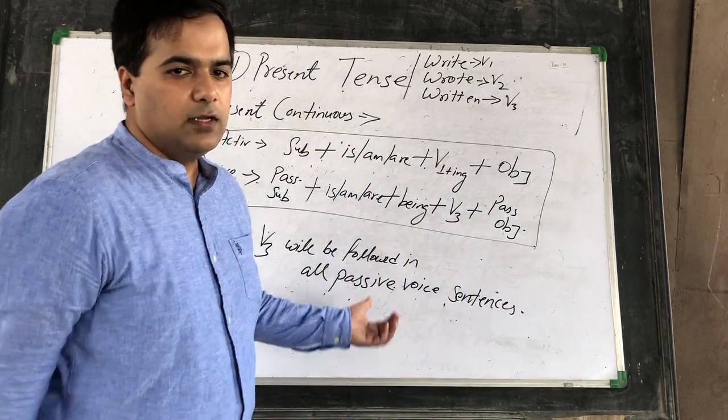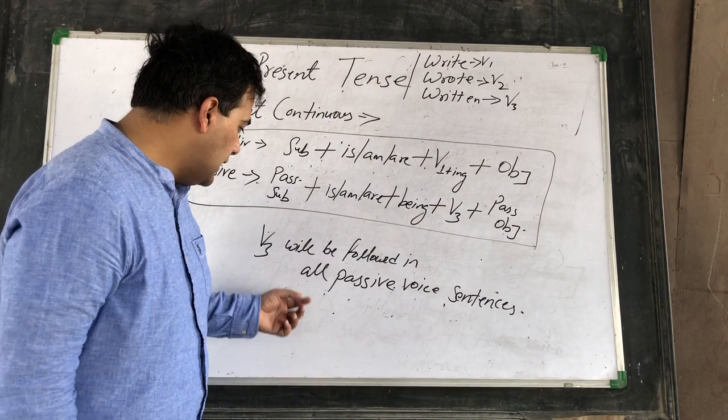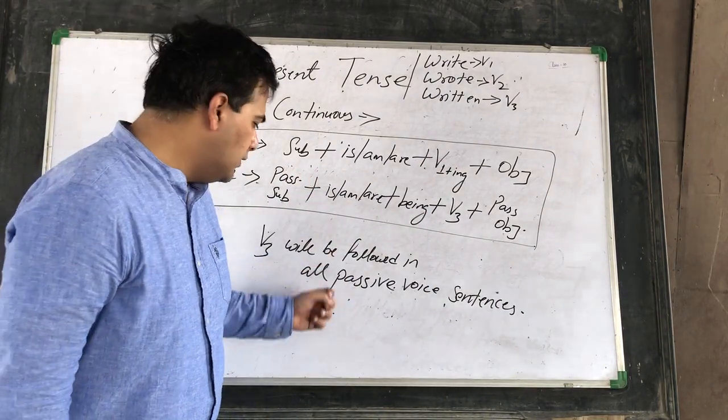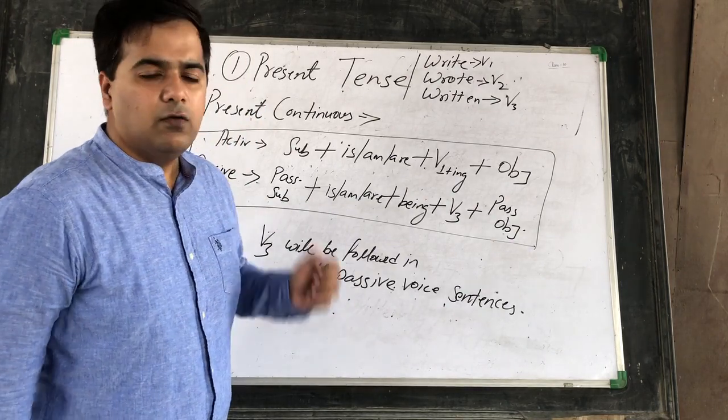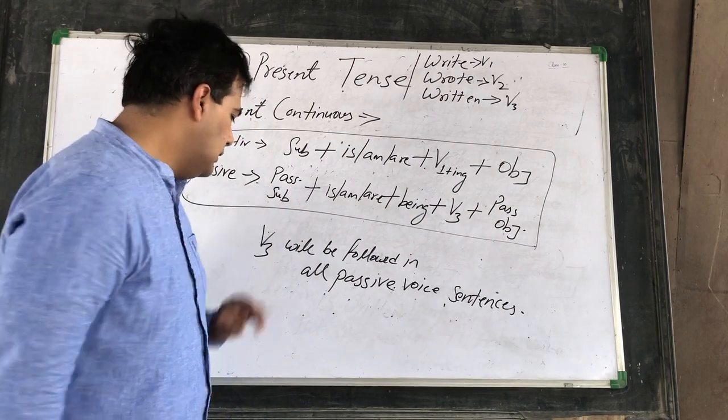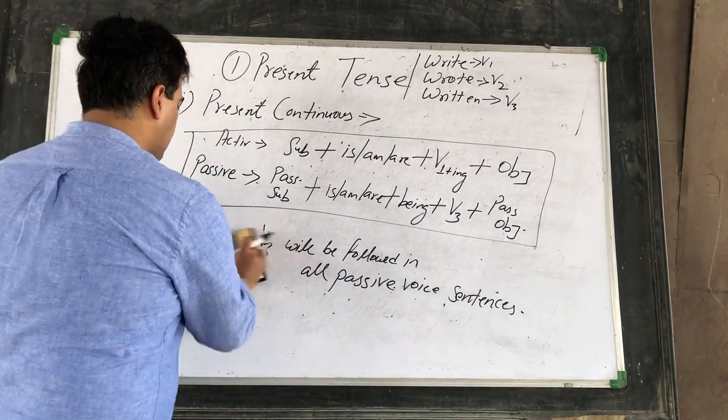While we are converting, no matter which tense is given in active voice, when we convert this into passive voice, always the verb third form has to be followed. Let us proceed with this structure.